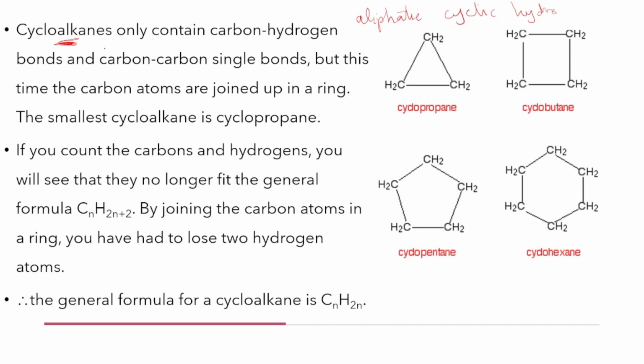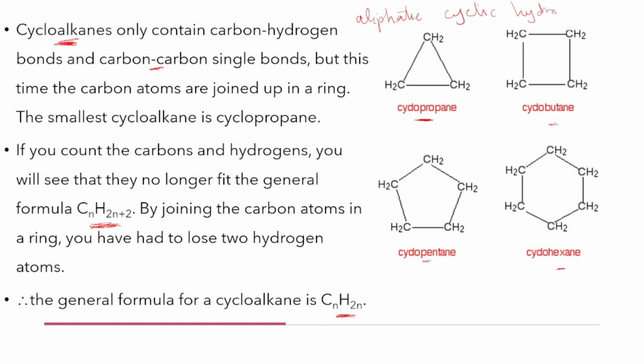Cycloalkanes contain only carbon and hydrogen, and they are connected together with single bonds, still carbon-carbon single bonds, but this time the carbons are joined up in a ring, as you can see: cyclopropane, cyclobutane, cyclopentane, cyclohexane. The general formula of cycloalkanes is CnH2n.